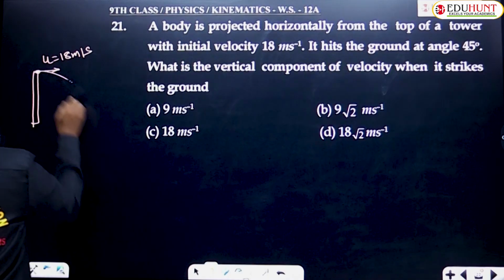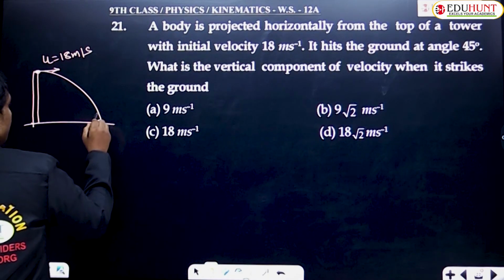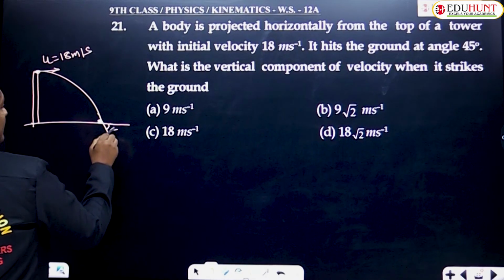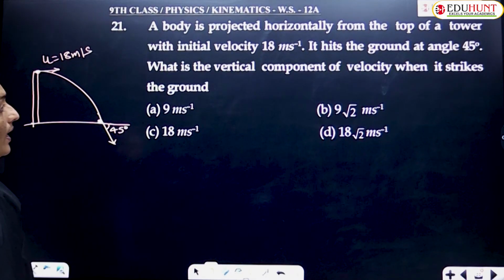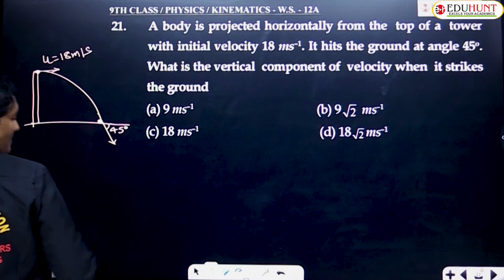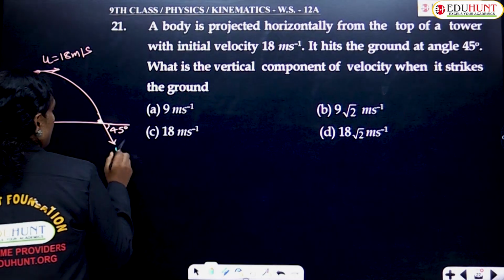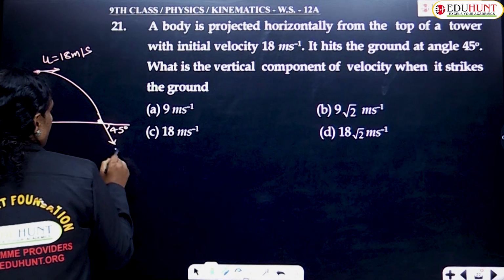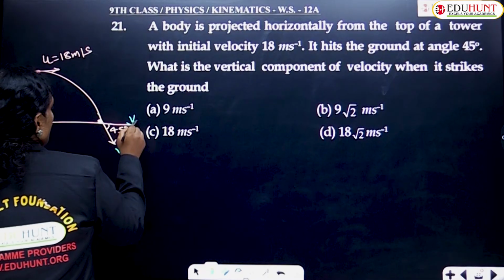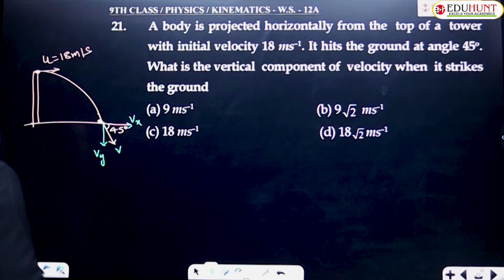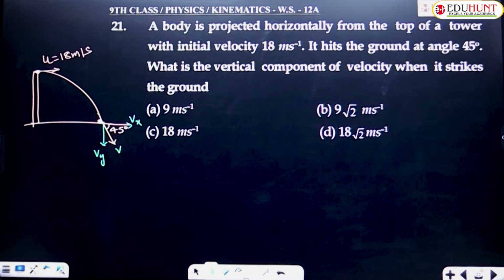What is the vertical component of velocity when it strikes the ground? After hitting the ground, this velocity vector, maybe some V, is resolved into two components, horizontal velocity and vertical velocity. You are asked to find the value of vertical velocity.